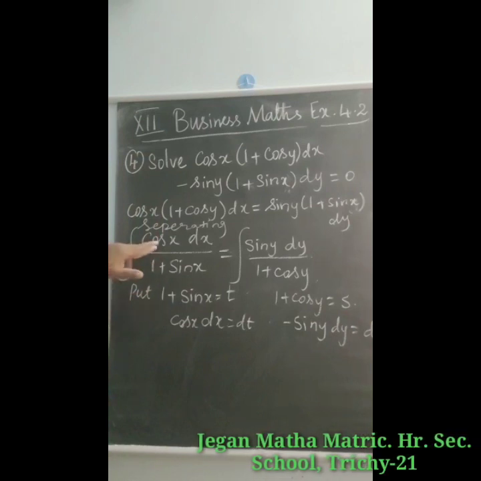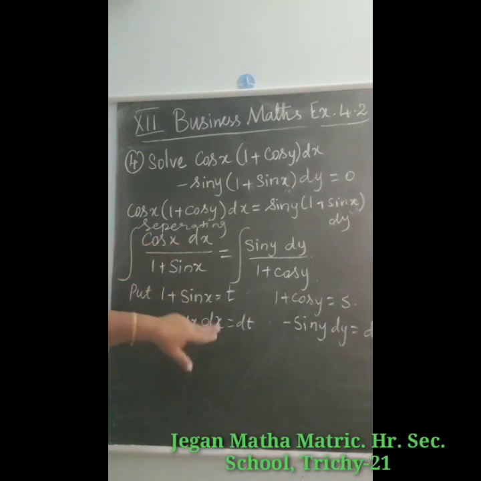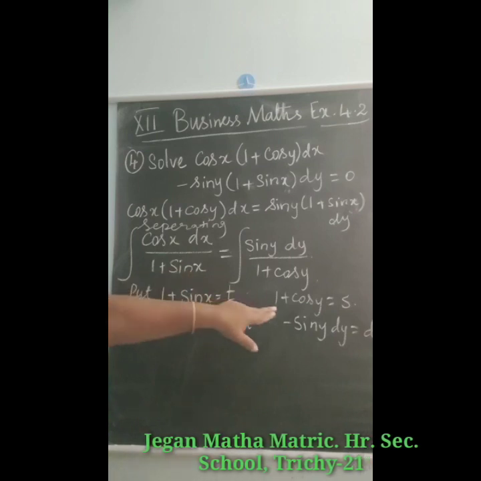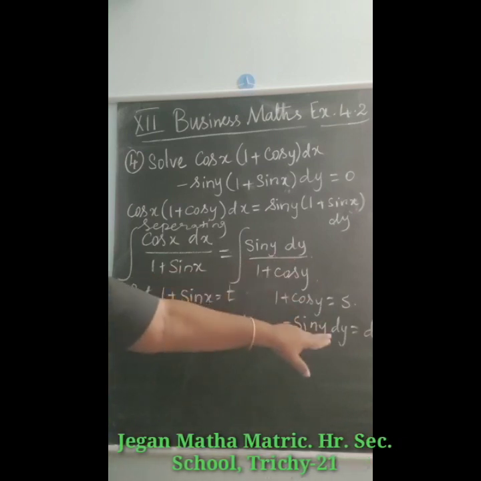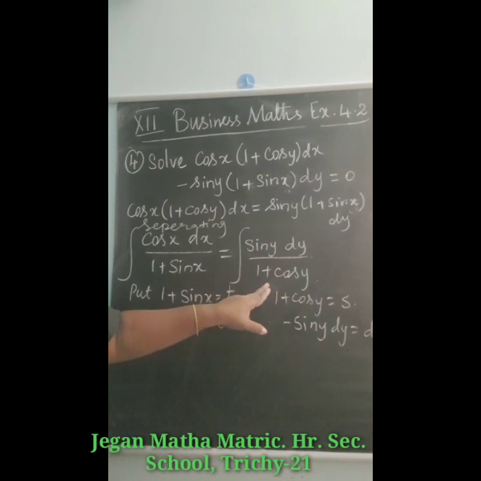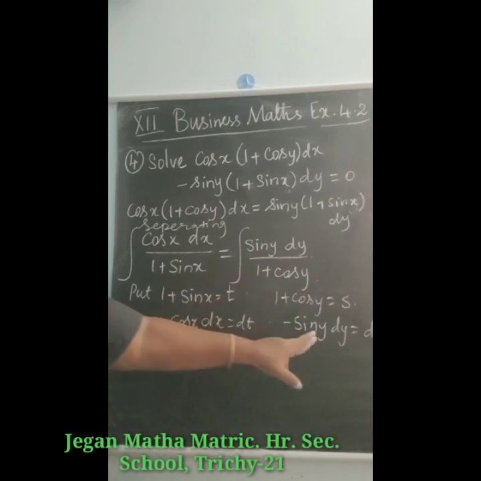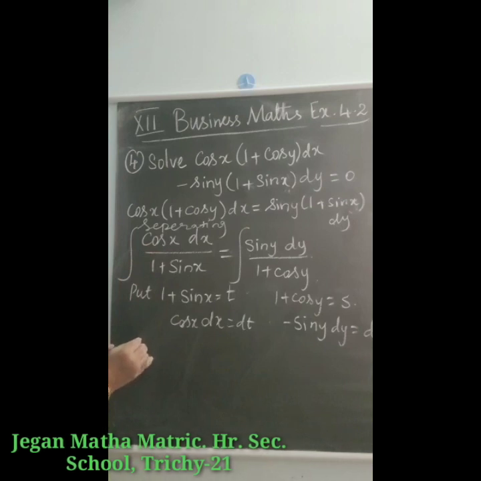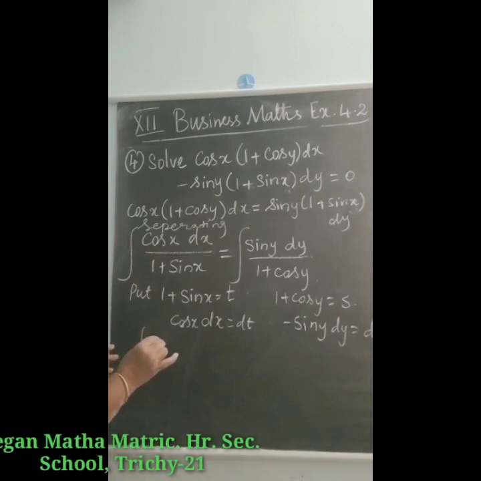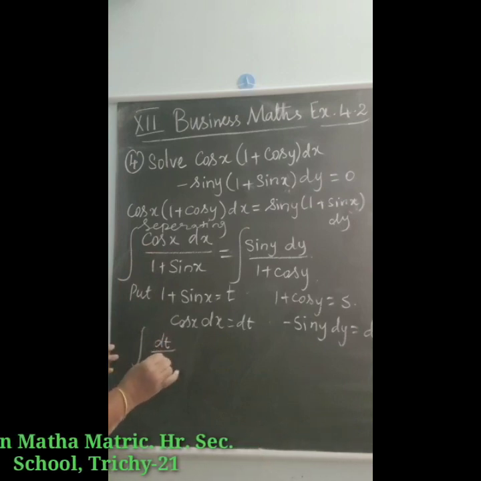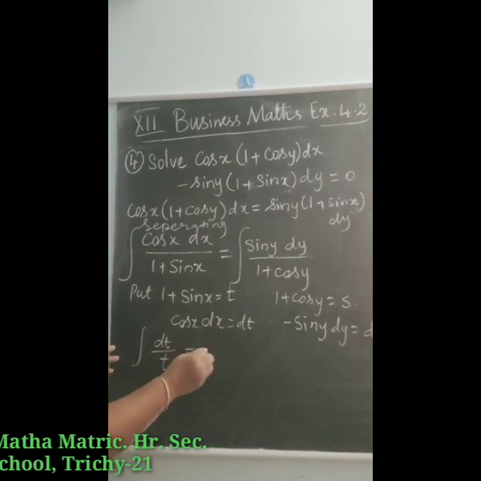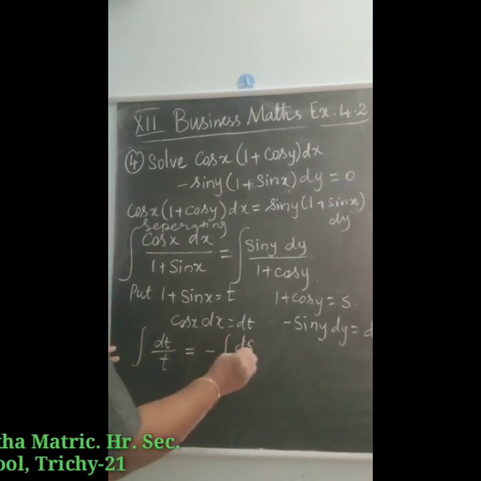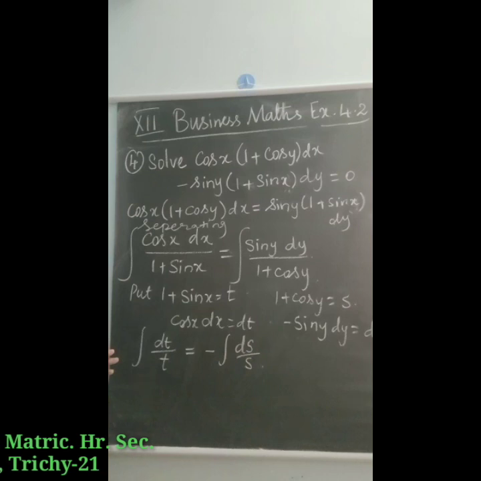What we will get is cos x dx becomes dt divided by t, and sin y dy becomes minus ds divided by s, because minus is there. So substituting in this integration, the integral of dt by t is equal to minus the integral of ds by s.